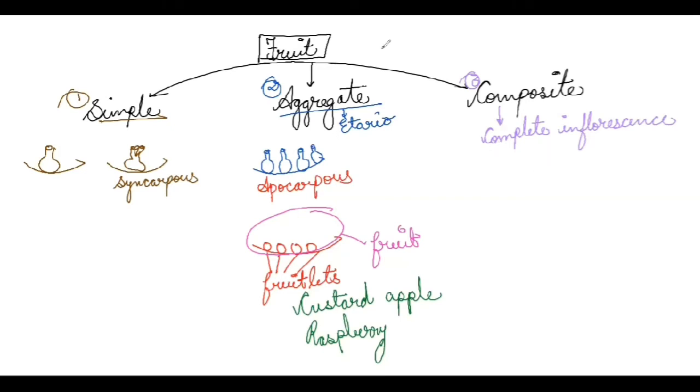Hence, here these fruits are known as false fruits. I'll show you why I'm calling these fruits false fruits. So let's say this is one inflorescence, and on this inflorescence a number of flowers are present like this. See? A number of flowers are present like this on this inflorescence.